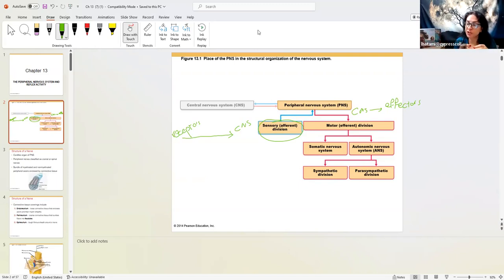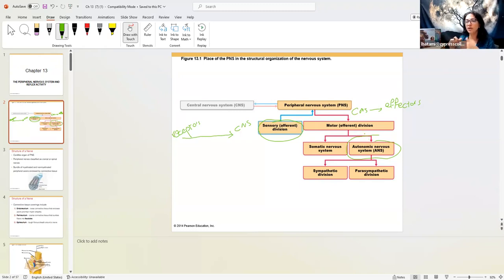If the effectors are skeletal muscle, we call this the somatic nervous system. If the effectors are cardiac muscle, smooth muscle, and glands, we call this the autonomic nervous system, which we're going to cover in a different chapter.